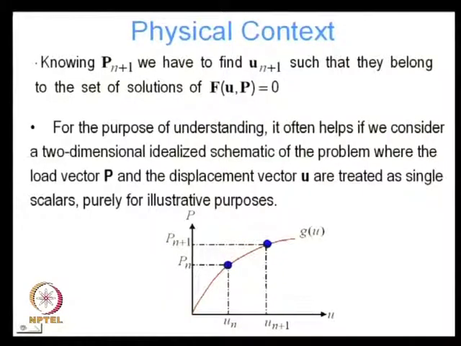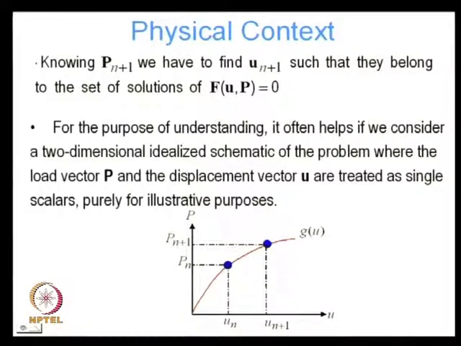And when is the structure going to satisfy equilibrium? When the external excitation, or external load, becomes equal to the internal response. We are going to represent the internal response by this little function g(u).